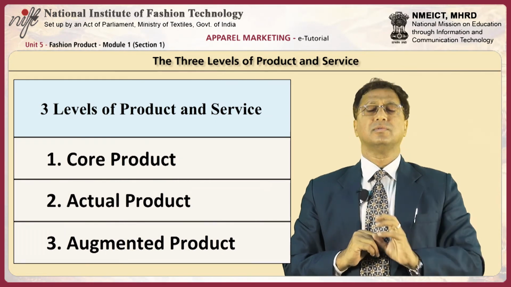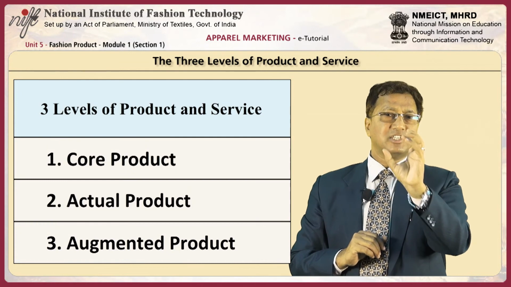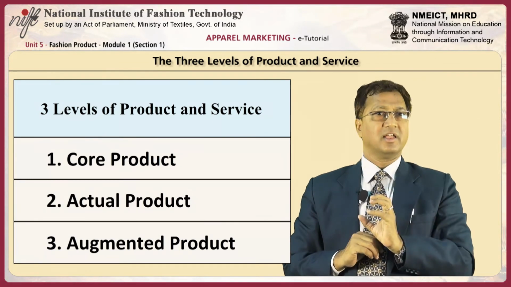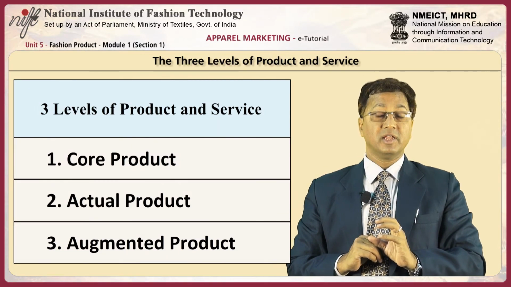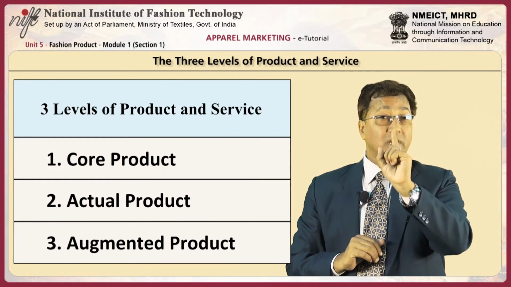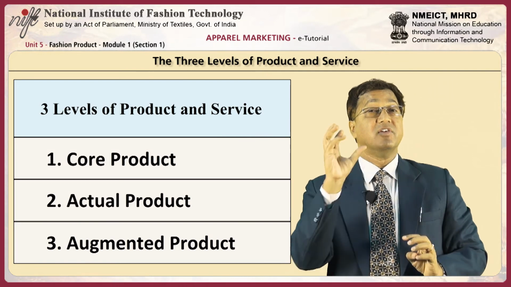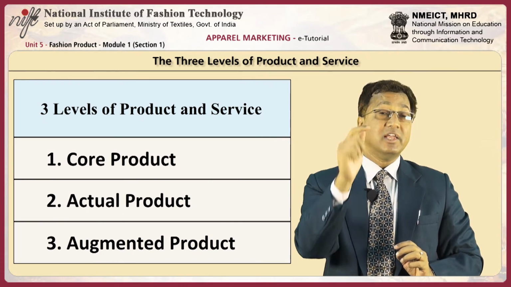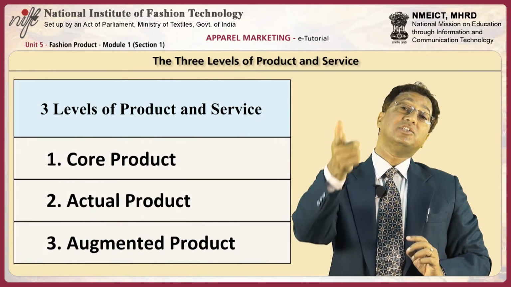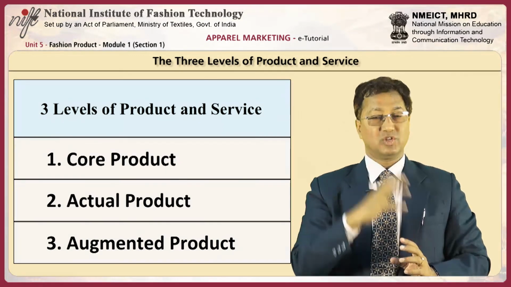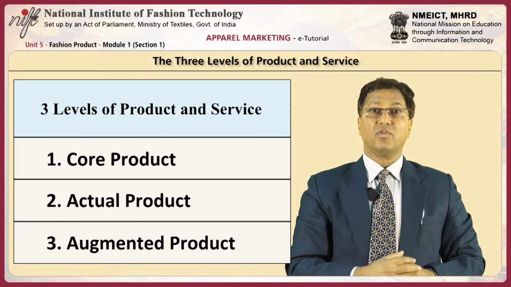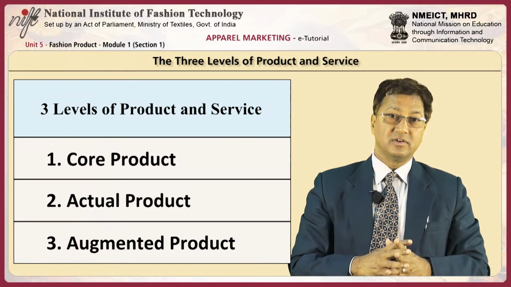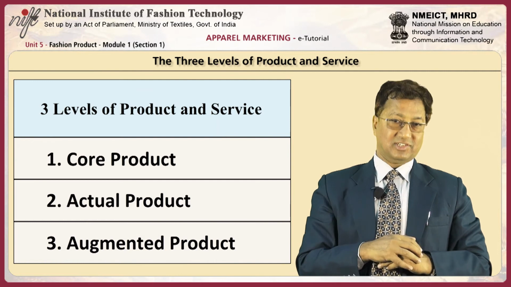And so also a customer buying Fair and Lovely cream is actually buying the fairness. The money he is spending to buy is for fairness. So, the core benefit or core product he is buying from the manufacturer is fairness.